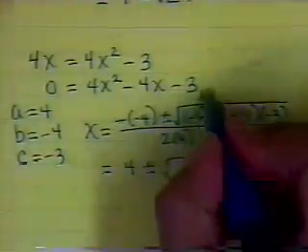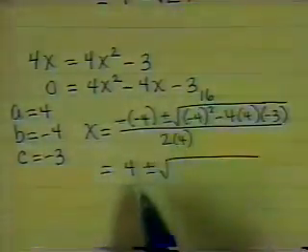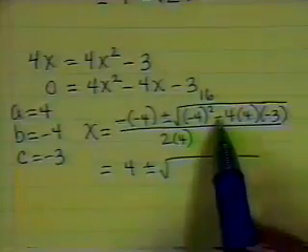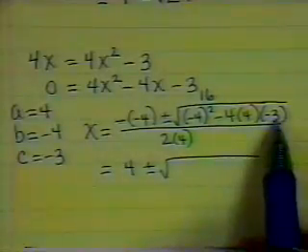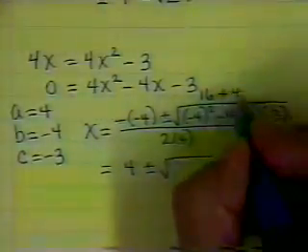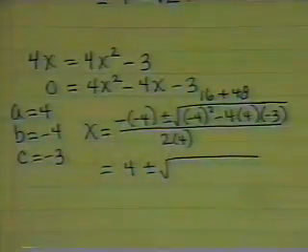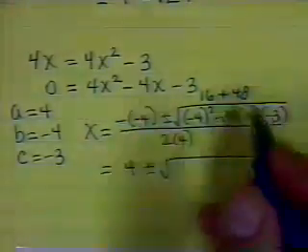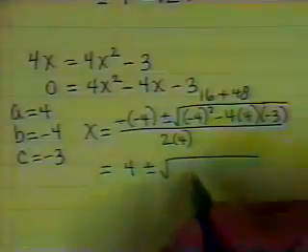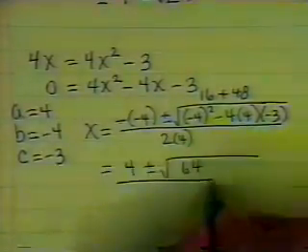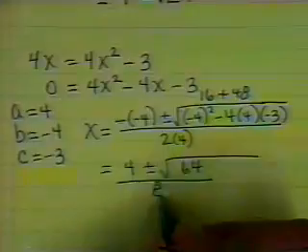Negative 4 squared is 16, and again, I prefer to do it up here. It's just a little easier for me. Negative 4 times negative 3, that's a positive 48. And adding that up gives me, looks like 64, all over 2 times 4, which is 8.